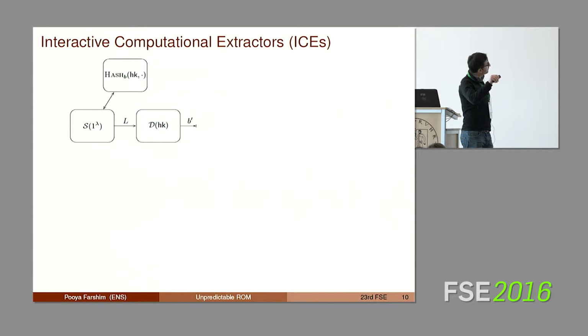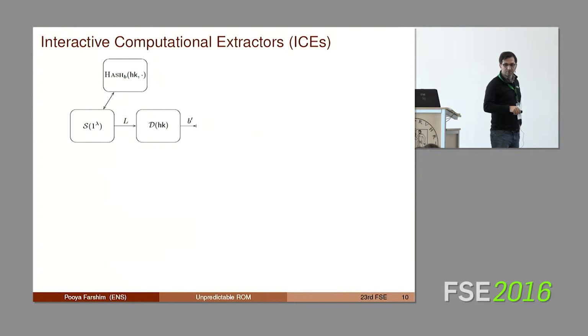So the full input of the hash remains hidden from S's point of view because the hash key is hidden. And then when you come to over here, even though the distinguisher D gets the hash key, the unpredictability condition said that the leakage L does not leak any of the queries. So all the X's that go in here remain hidden from the distinguisher's point of view. So the hash key remains hidden from S's point of view, X remains hidden from D's point of view. That is basically what is really happening behind the UCE definition.